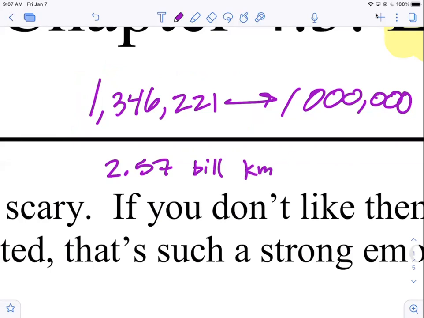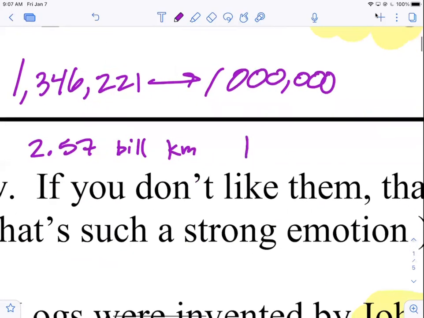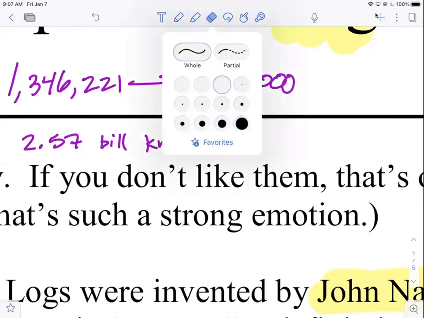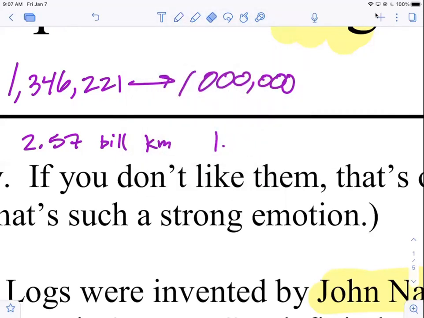Thanks. 1.9743. Okay, 1.97. Hang on, my eraser's too big. Sorry, I got to fix that. 1 point what? What? Billion miles? Million? Billion?